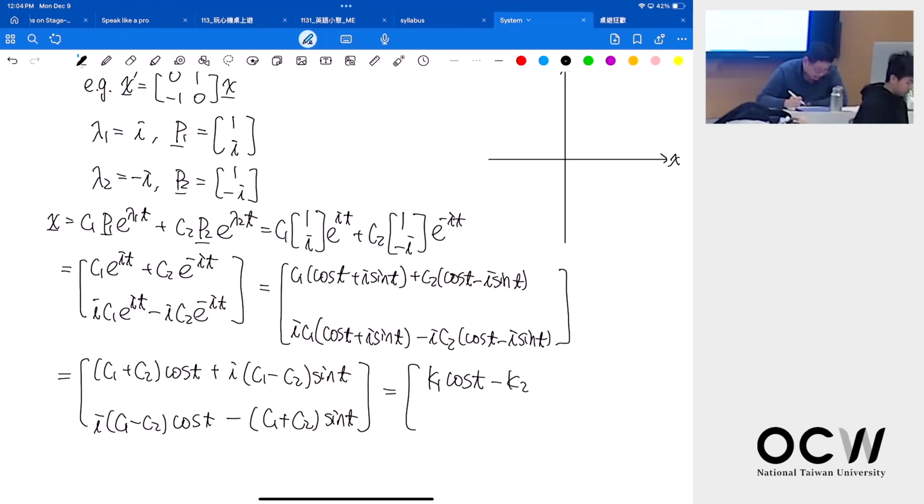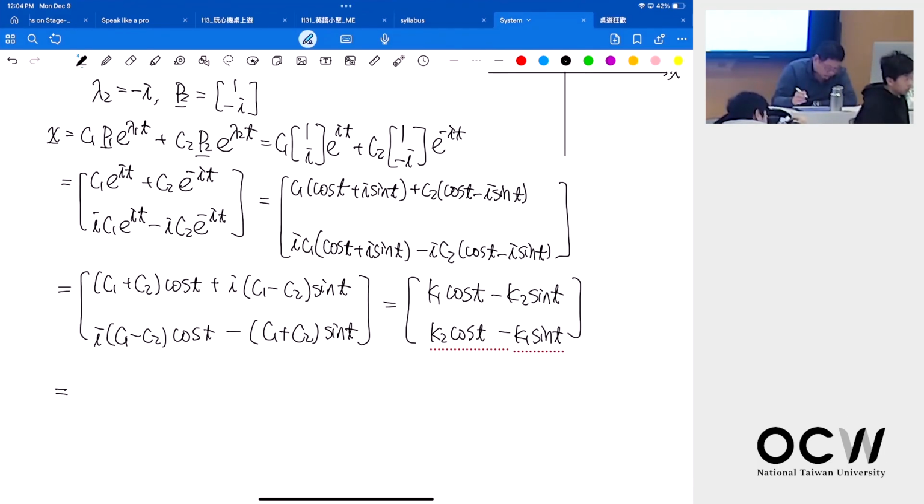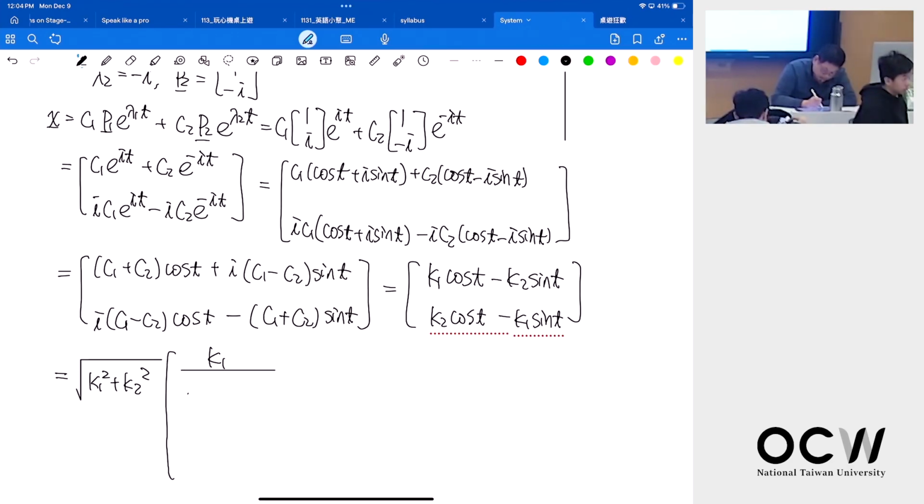And C1 minus C2 becomes K2. So I can take the magnitude outside as the square root of K1 squared plus K2 squared. If I take this term outside, then I have to divide it in the matrix. K1 squared plus K2 squared times cosine t.